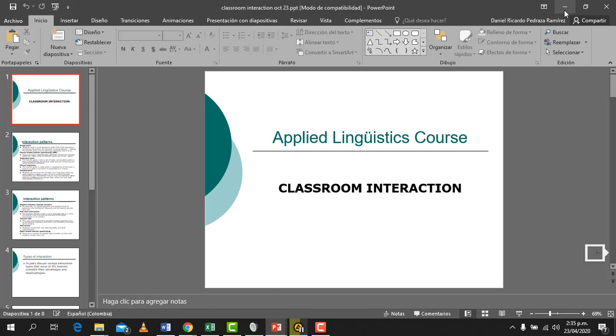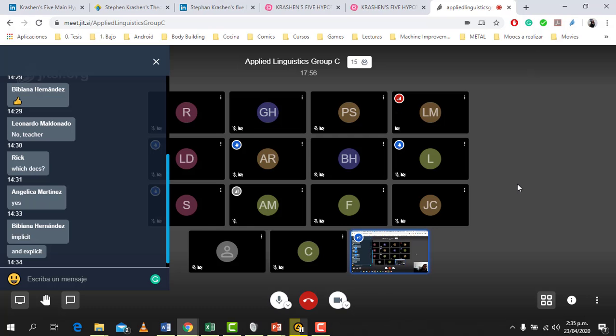Well, you were talking about the two types of feedback right here, in which there is going to be a huge difference between the implicit and the explicit one. As Leonardo was explaining, the implicit is going to be just when giving some metalinguistic components, giving some clues for students to realize what they need to know about how to correct that mistake or that error, right?